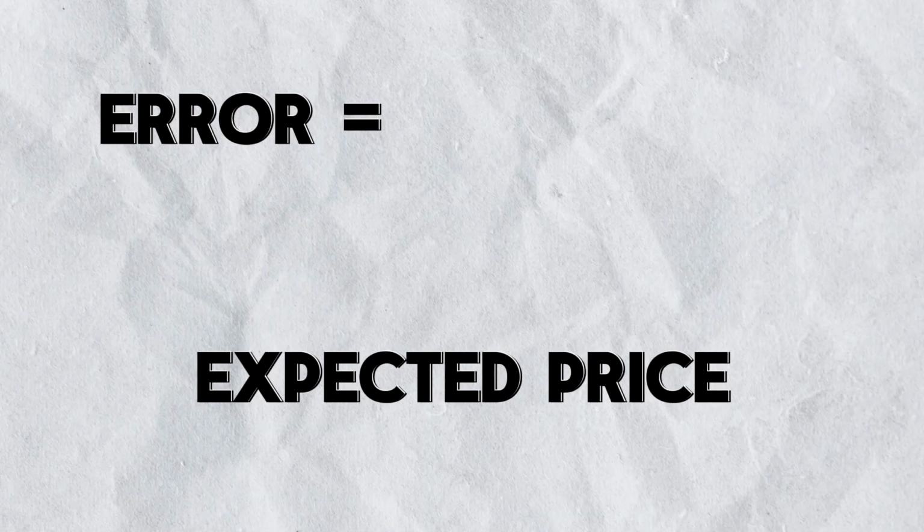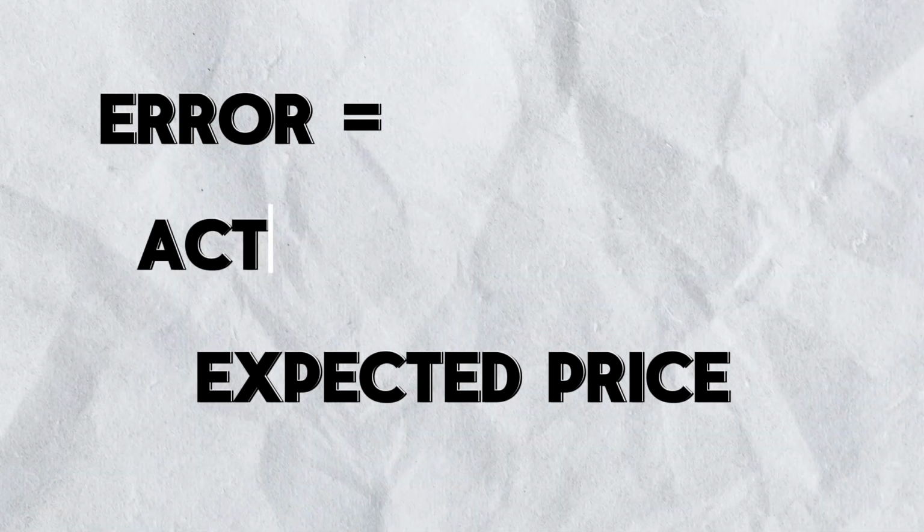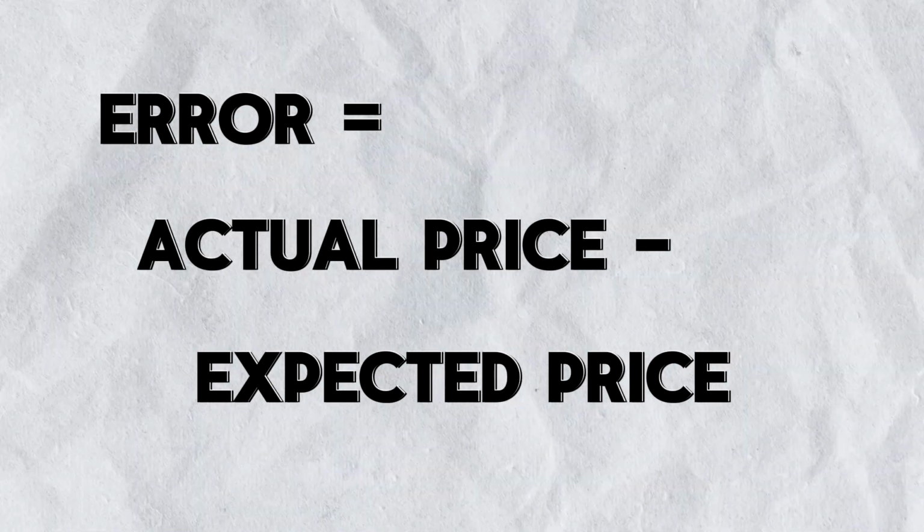Imagine we have a linear regression model tracking a stock's price over time. The error term is the difference between the expected price at a particular time and the price that was actually observed. In instances where the price is exactly what was anticipated at a particular time, the price will fall on the trend line and the error term will be zero.